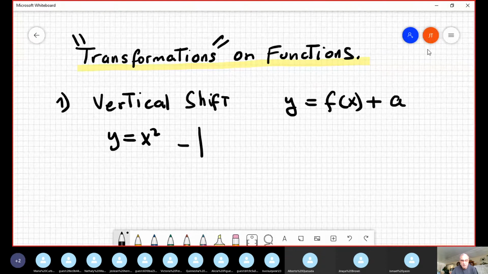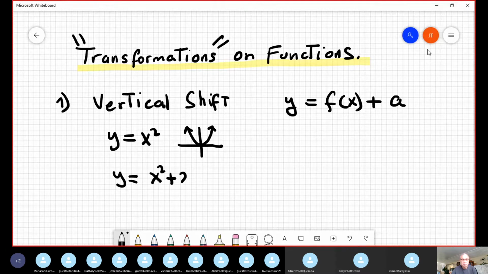I know that the graph looks like that, a parabola. Now I want to determine the graph of x squared plus 2. When you add 2, the graph is transformed 2 units up. So when a is a positive number, the motion is up 2 units. Okay, this is vertical shift.